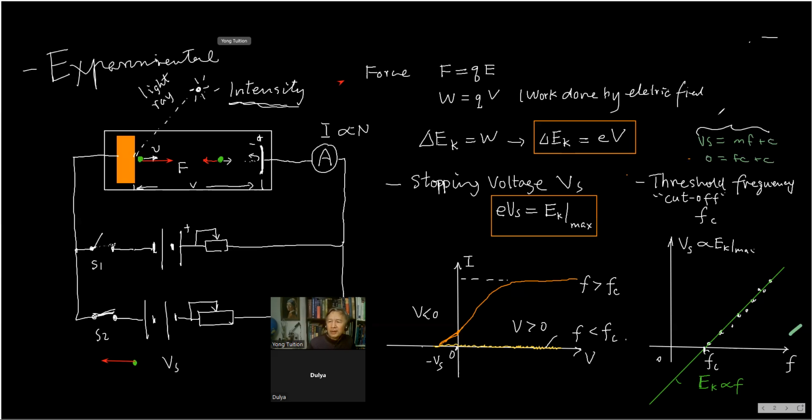Can we use Vs equal to the slope times the frequency plus c? When Vs equals 0, the frequency is equal to FC.